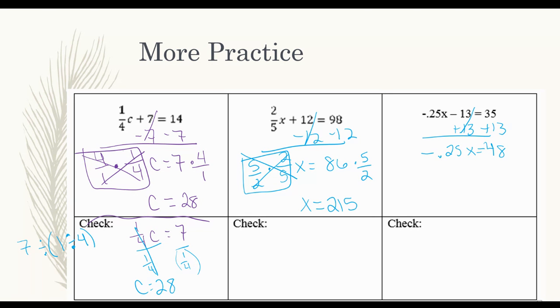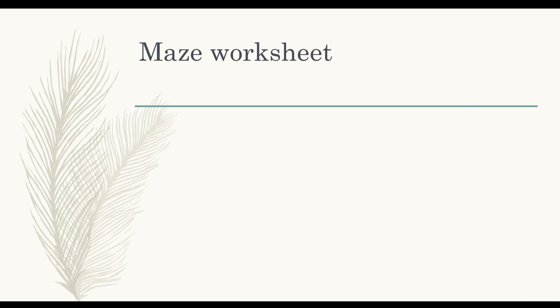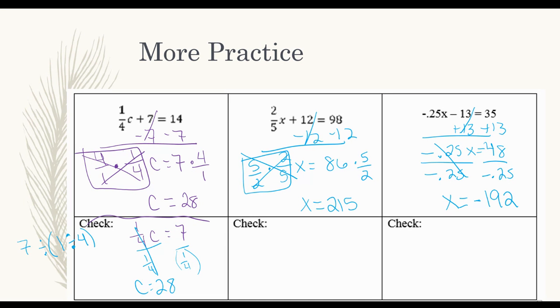So then we need to go through and divide again. Dividing both sides by negative 0.25 should give you negative 192 as your answer. Okay, so those are your notes.